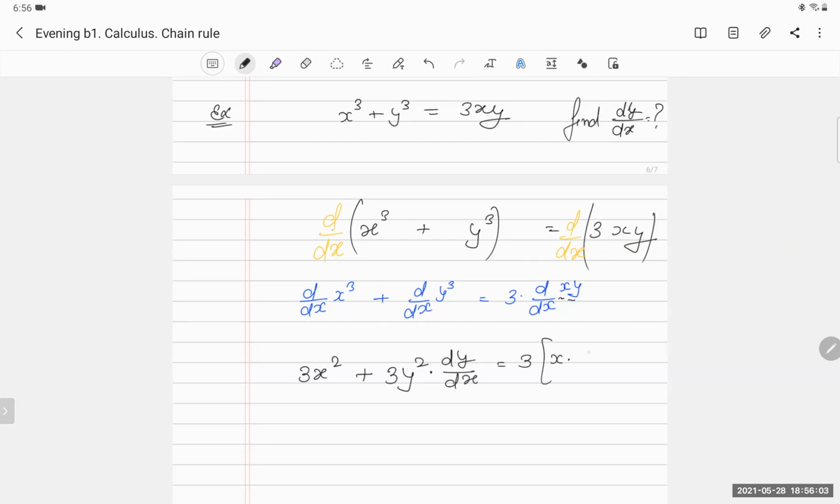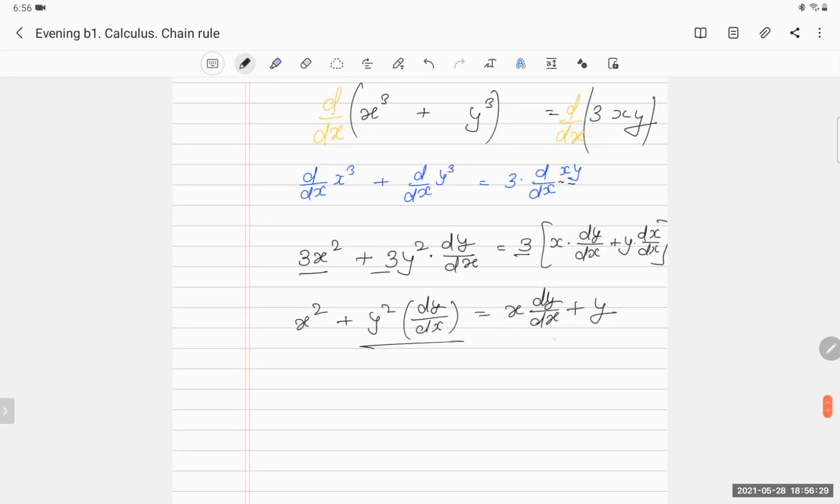I will use x times dy by dx, and I keep y times dx by dx. So 3 cancels out 3. So x square plus y square dy by dx equals x dy by dx plus y.